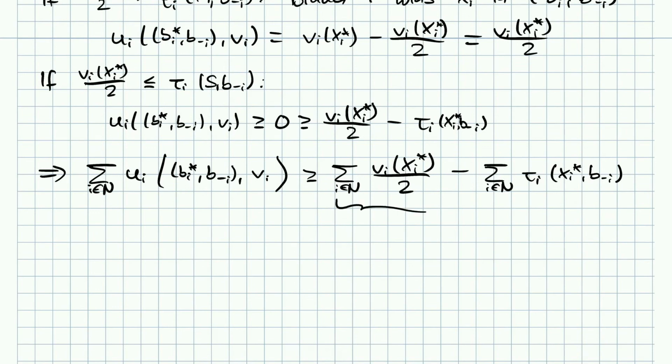This first thing here, we again see, is equal to half the optimal social welfare. But what we now have to still understand is, how big is that? What do we know about the sum of the critical bids?